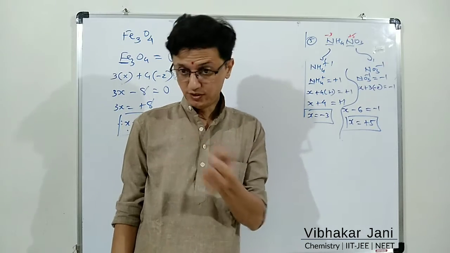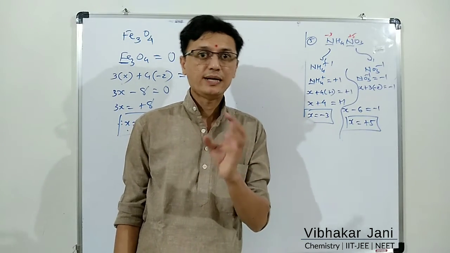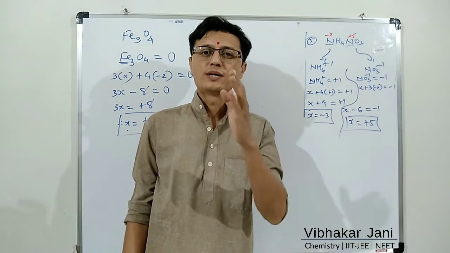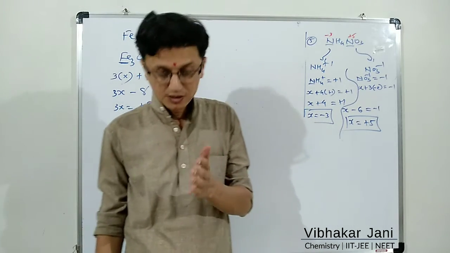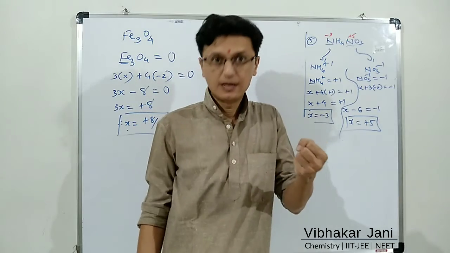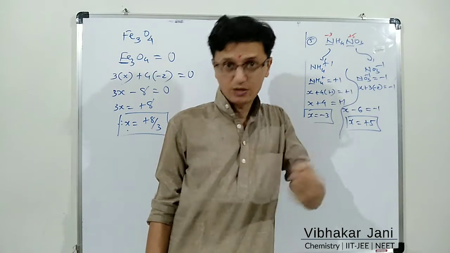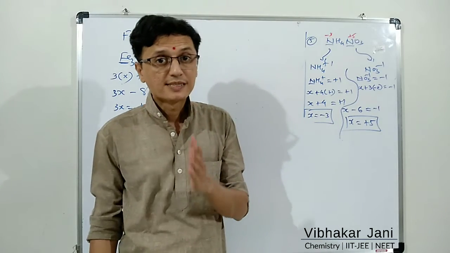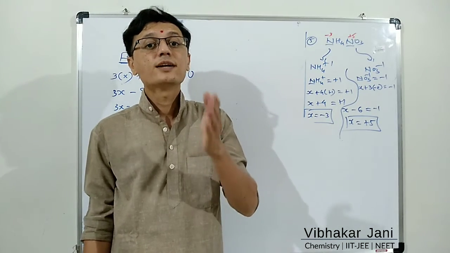Some element can pull 1 electron, can pull 2 electrons, can pull 3, 4, 5, 6, 7 electrons. But you cannot say that the element is pulling 8 by 3 electrons towards itself. It is not possible. Electrons cannot be in a fractional number.